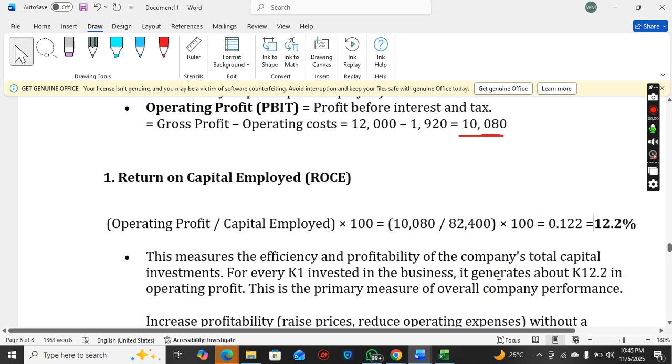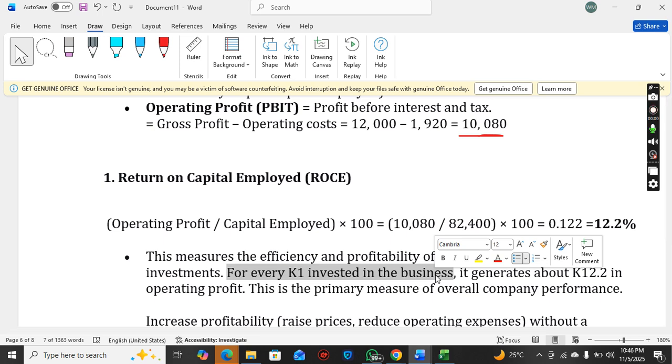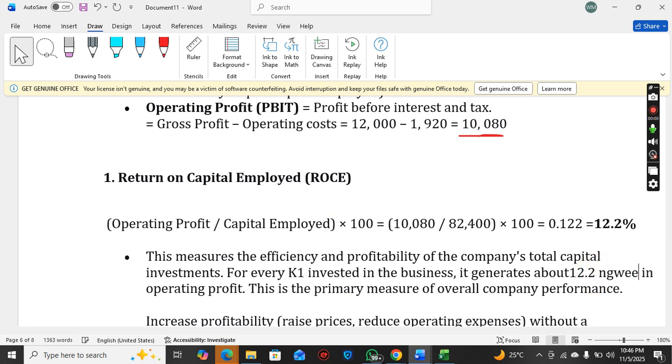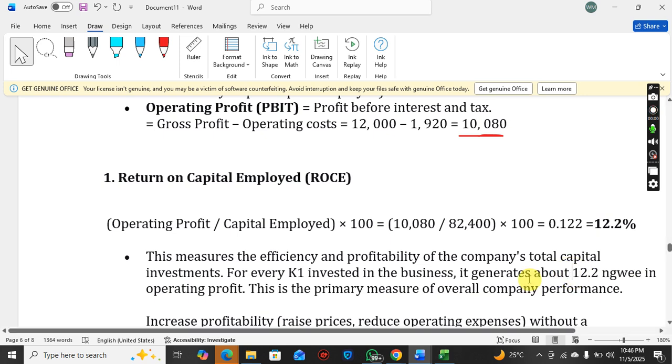So what this is telling us, colleagues, is that for every 1 kwacha invested in the business in terms of the capital employed, because that is the money you're using to invest in the business, you generate 12.2 ngwe in operating profit. Okay, for every 1 kwacha you've invested in the business, you are getting back 12.2 ngwe in operating profit.